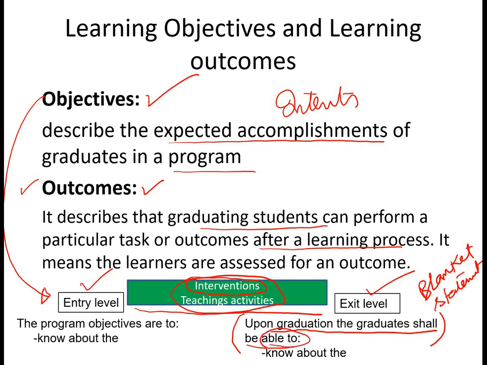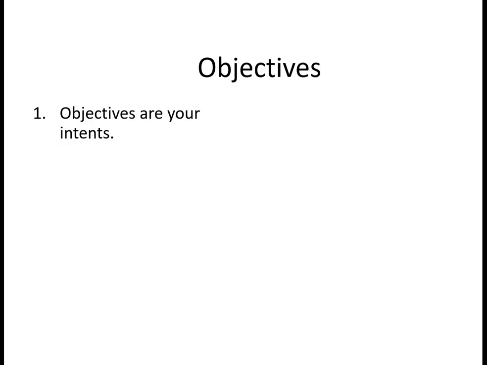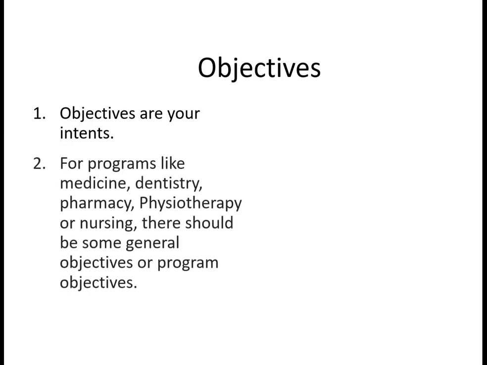"Shall be able to" means that you are at the exit level or the end level. So this mostly focuses on learning outcomes. But in the case of learning objectives, these are your learning intents.